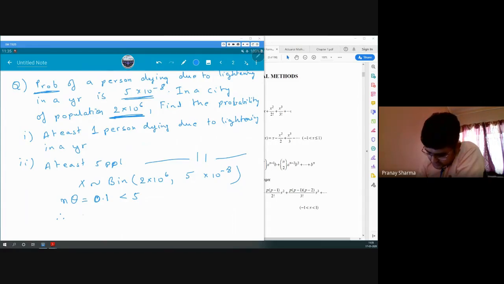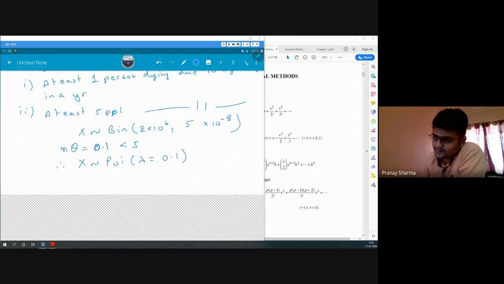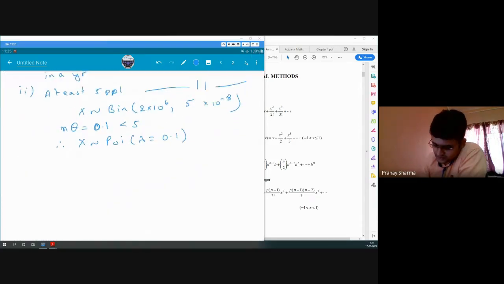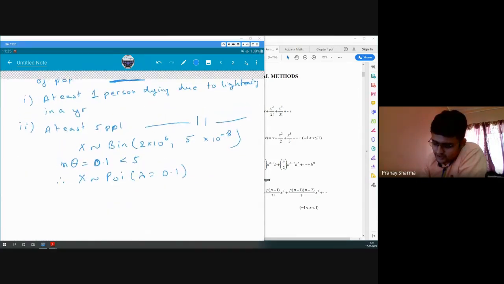So x follows Poisson lambda, which equals n theta, or 0.1. In actuality, we should write approximately, but I skip writing this. It does not really matter. So we have converted our binomial into Poisson.